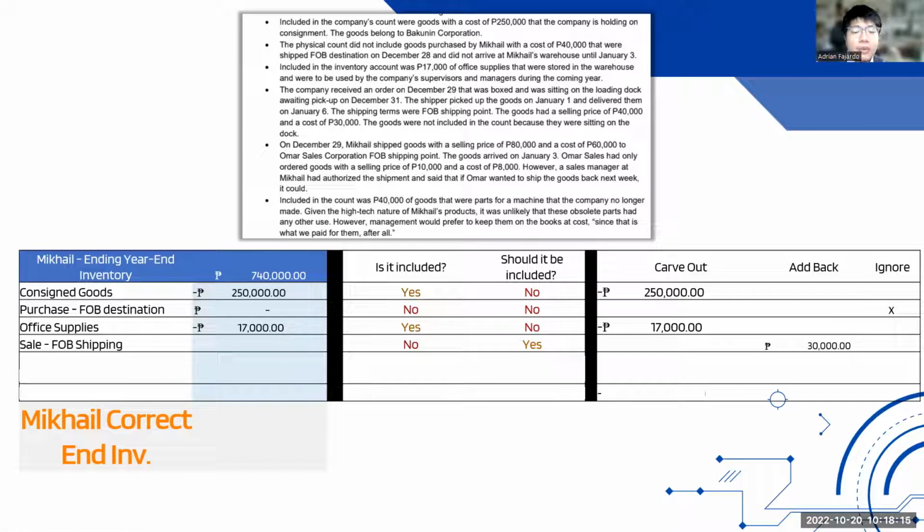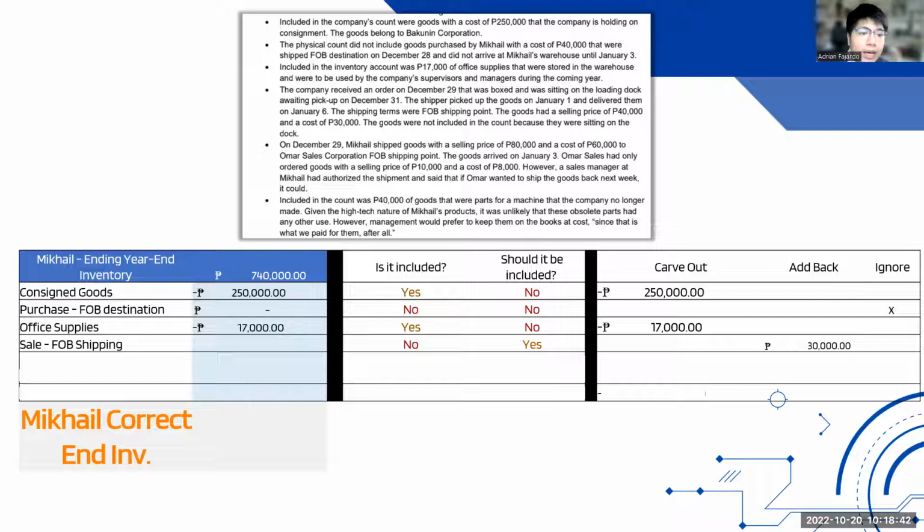We're looking at ano ba yung ending inventory mo at December 31. Now, we know that the transfer of title happens when the shipper picks up the goods kapag shipping point. So technically by January 1, hindi mo na-ari. But even though the maritime shipping terms are sale shipping point, that's generally, it should not have been included already.